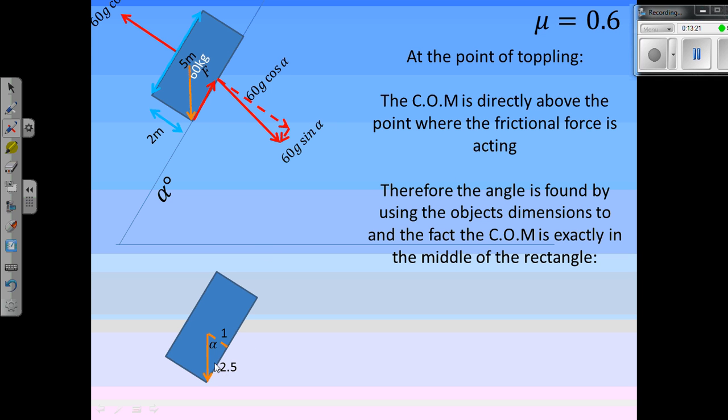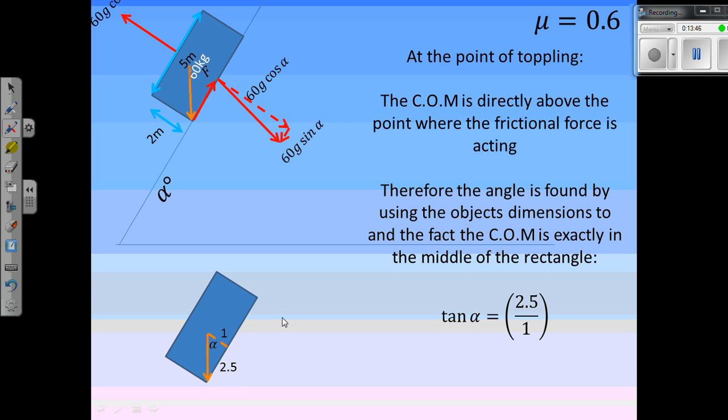So this is what we've got here. The center of mass is going to be exactly in the middle of the object. It's 2 meters high, so it's going to be 1 meter high up there, and 2.5 meters across. Now, if the center of mass acts exactly on the corner, we've got a simple right angle triangle to solve here.